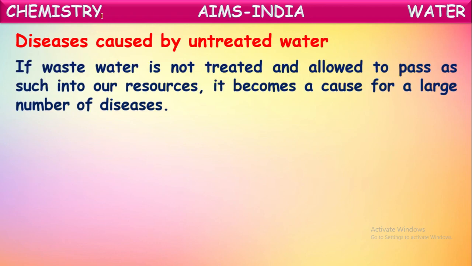If wastewater is not treated and allowed to pass as such into our sources, it becomes a cause for a large number of diseases. Yes, it causes many diseases to us.